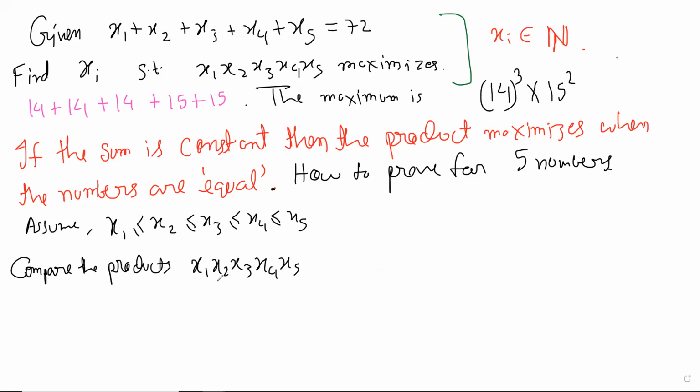So if you take this particular solution where x1 is less than x2, then what I will say is that, let's say for example, if x4 is strictly bigger than x3, then how can I improve this product?